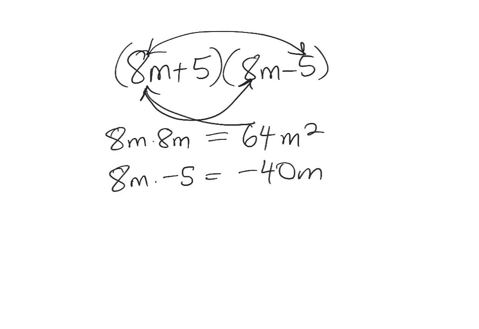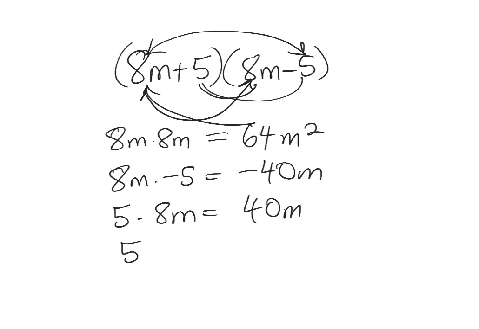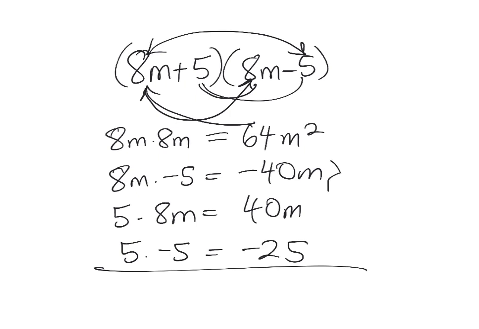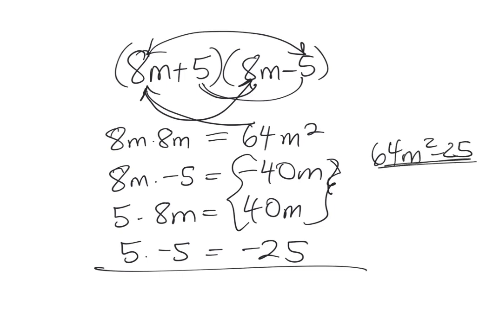And then 5 times 8m is 40m. And the last one is 5 times negative 5, which is negative 25. So now we add like terms again. Notice a pattern though: the negative 40m plus the 40m is just going to go away. So you're left with 64m squared minus 25 as the answer to this problem.